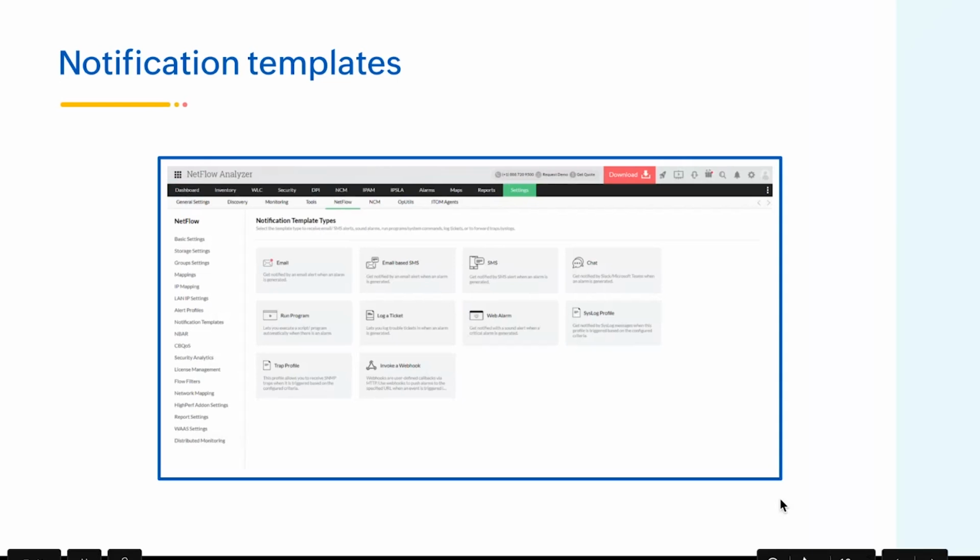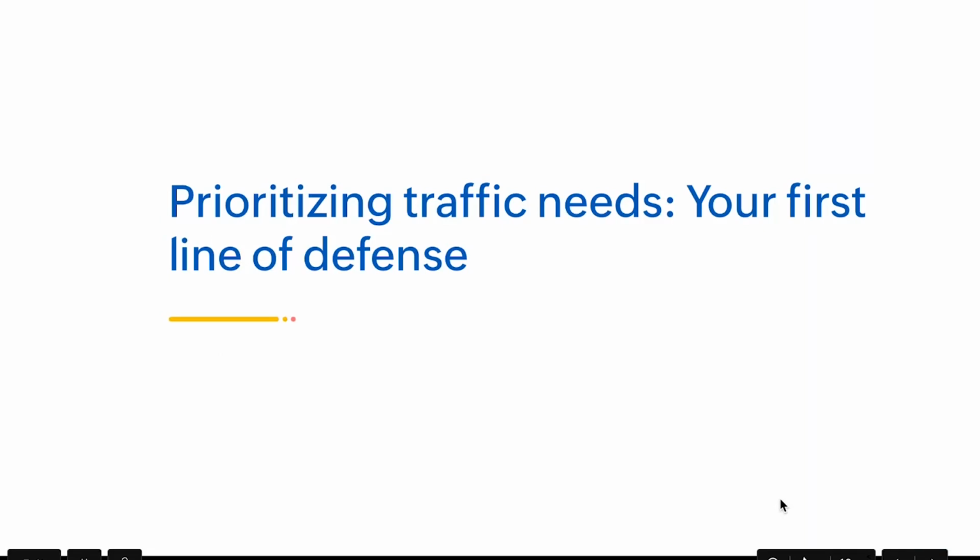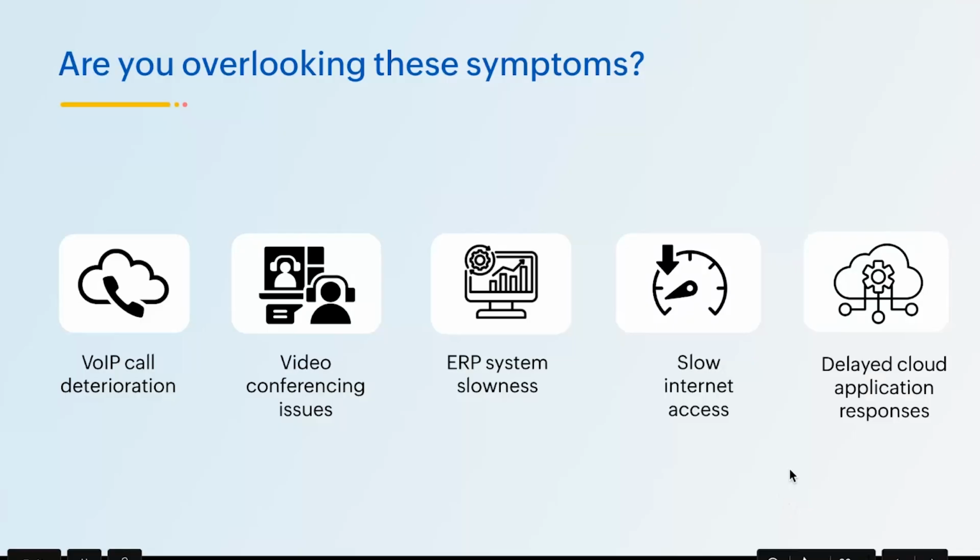Next topic for the session is prioritizing traffic needs. Networks carry a critical burden in today's data-driven world, right? With this increased reliance comes a complex challenge, ensuring that critical traffic gets the priority it deserves. Network congestion can occur when too much traffic tries to utilize the same resource at once.